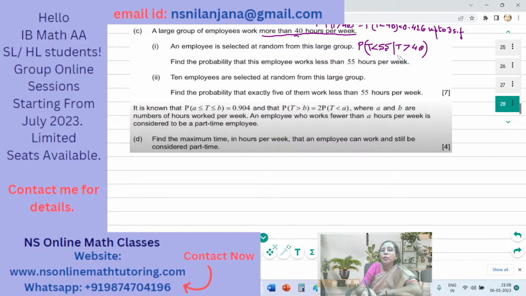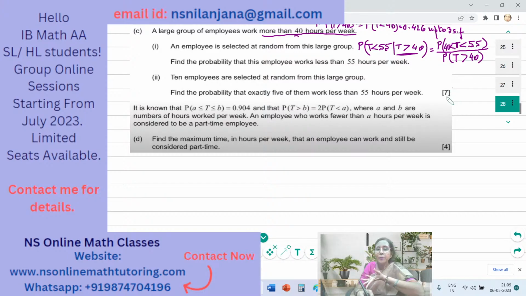And we know what is P of T more than 40. We have got that. So we have to get the numerator, which is P of T greater than 40 but less than 55, over P of T greater than 40.